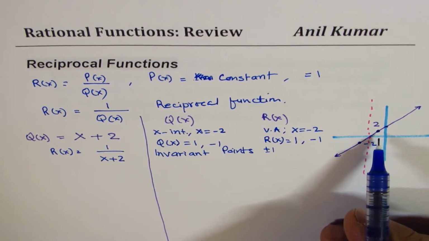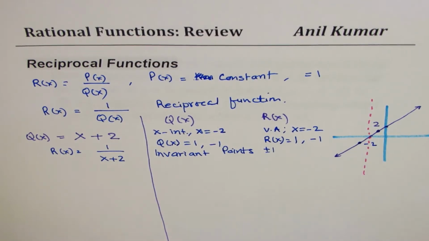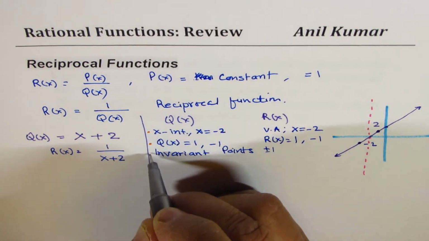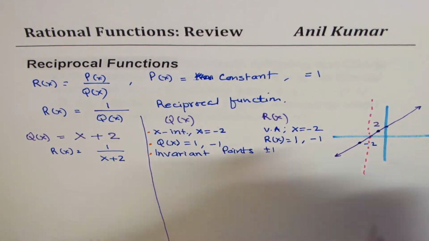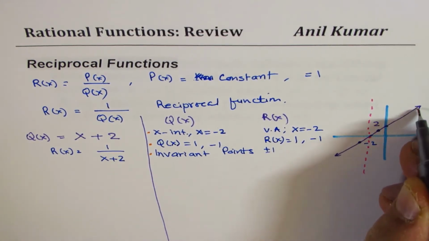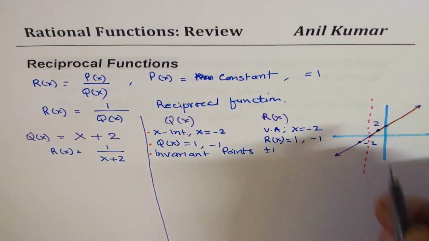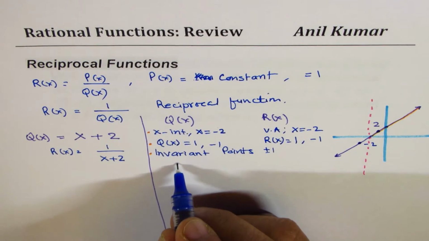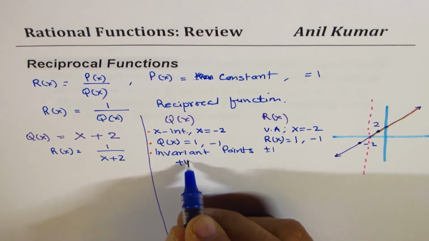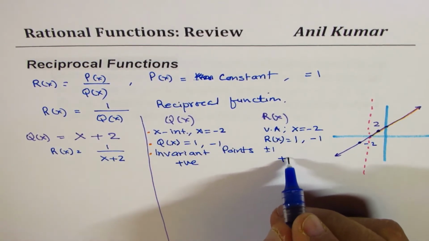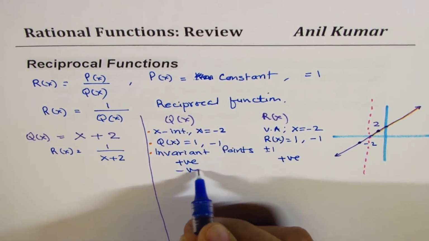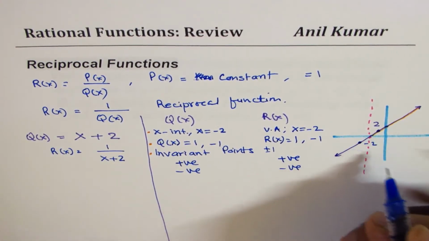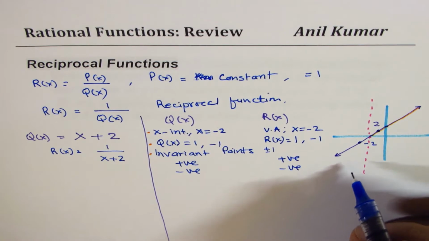Right. Now, we'll look into increasing and decreasing, positive and negative. If you see this part of the line, it is positive, right? So the reciprocal of positive will be positive. So if q of x is positive, then r of x is also positive. Do you see that? If it is negative, then r of x is negative. Perfect.